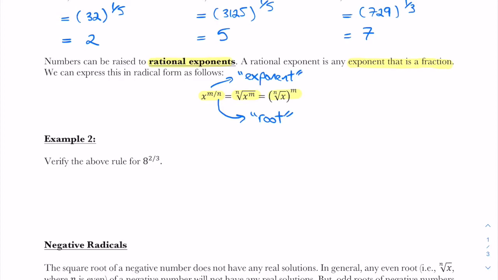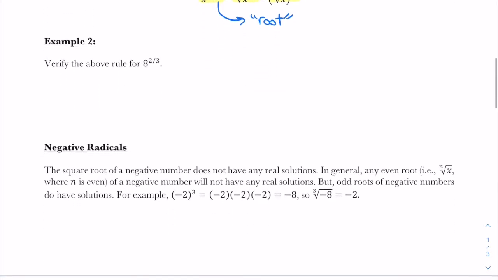So for example, if m was a 2, you would square it. If it was a 3, you would cube it, etc. But we have to perform both of these operations when we're dealing with rational exponents. Let's take a look at example 2 where we'll see how this is done.